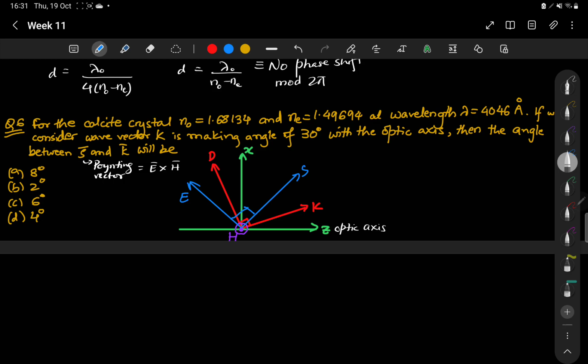So you see E cross H, if you do this blue vector E cross purple H which comes out of the screen, then that gives you this blue vector S, which is the pointing vector. Now let me write down some angles over here. Let this angle be psi, let this be phi, and let this be theta.